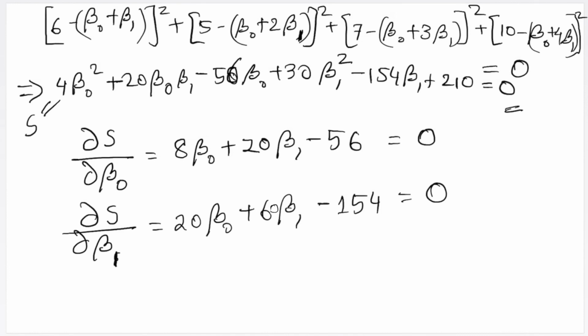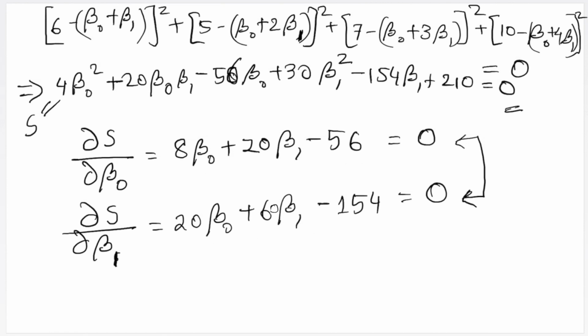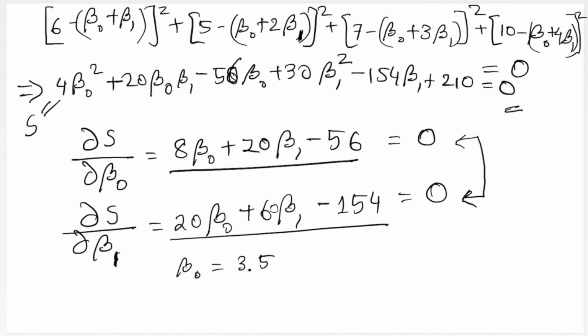Now we have two equations, and notice that in these two equations we have two unknowns, beta naught and beta 1. If you solve these two equations for beta naught and beta 1, you will obtain beta naught equals 3.5 and beta 1 equals 1.4.